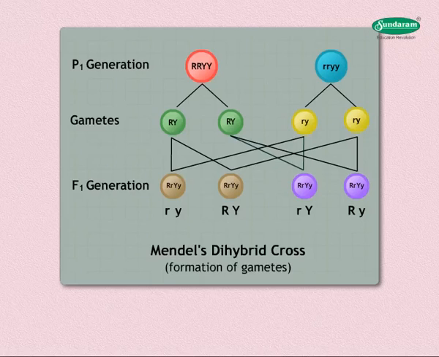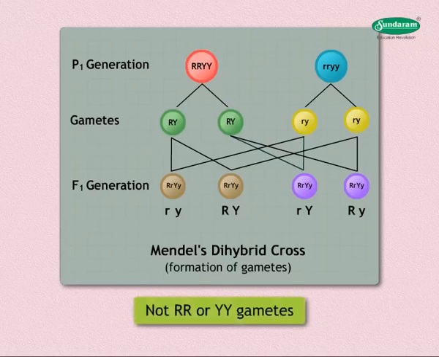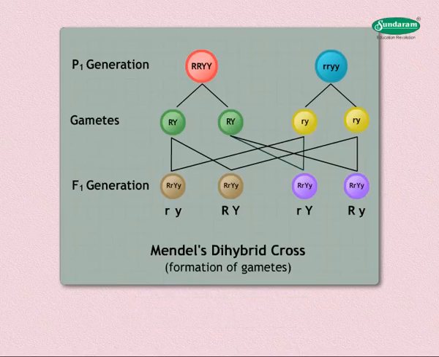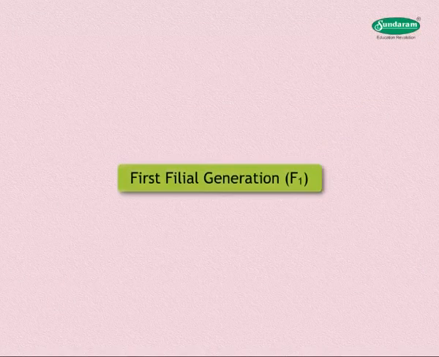Thus, the RRYY plants would produce only RY gametes and not RR or YY gametes. Similarly, the rryy plants would produce ry gametes. Thus, we conclude that in gametes, a pair of genes is represented by only one of its members.